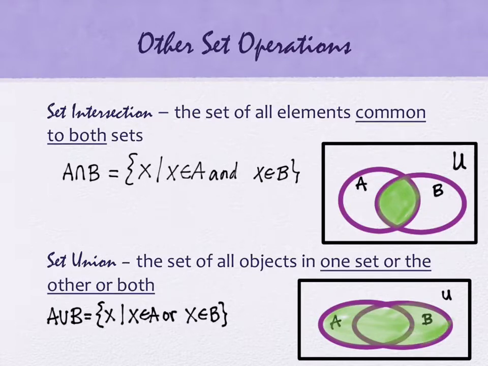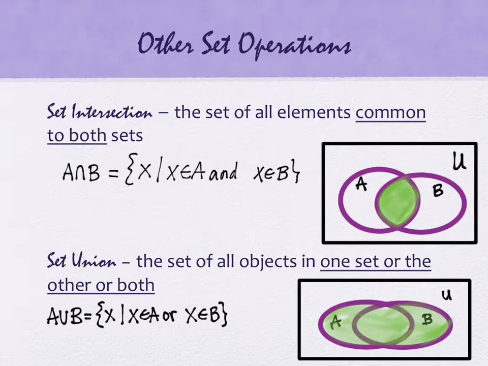I talked about intersection being like the intersection of streets. We use that in our regular language all the time. Another place where we see one of these terms, the word union, is in a marriage ceremony. We even call it a union, right? Union is much like it is in a marriage ceremony. When you get married, you get my debt and I get your debt.